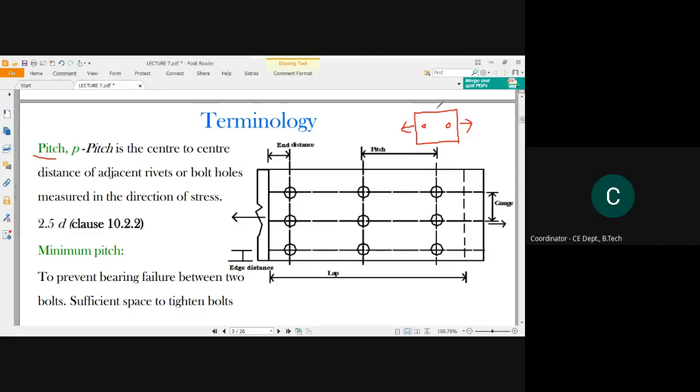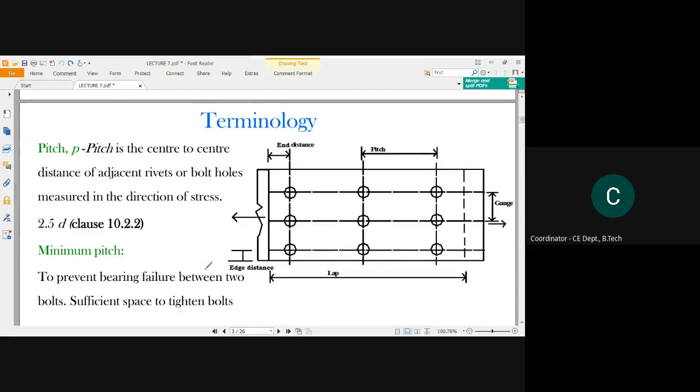So the failure might take a longer time. But if you had created those holes very closely, and then you try to pull this paper, what will happen? Due to this close spacing, that tear or rupture will occur very fast. So we need to know a minimum pitch distance. In that way, we can secure our member section from failing.